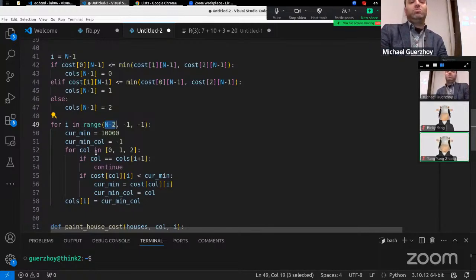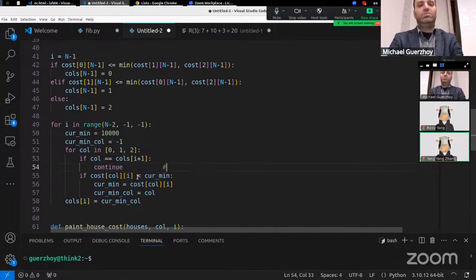And now I'm just going to say, okay, so try every color. So 0, 1, 2. If I already picked the house on the right to be that color, that doesn't work for me.